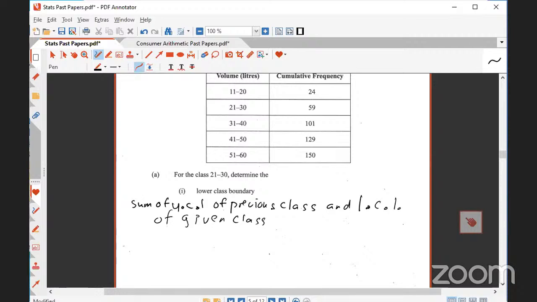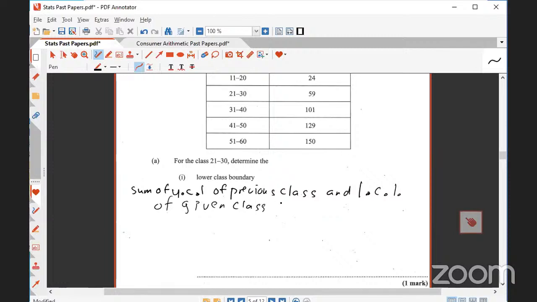That's basically what we're going to be doing now. And then you're going to divide that by 2.